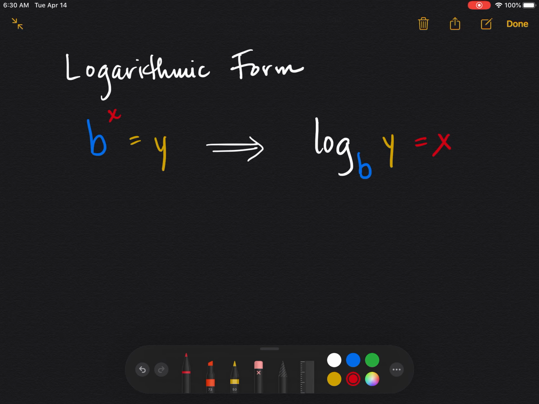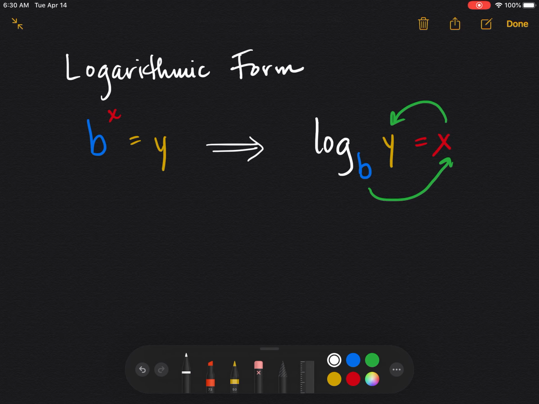So it's just kind of the opposite way of saying it, and we're going to use it to solve equations. But basically, you would just look at it as, again, still b to the x power equals y. Okay, so kind of just get in the habit of doing that.